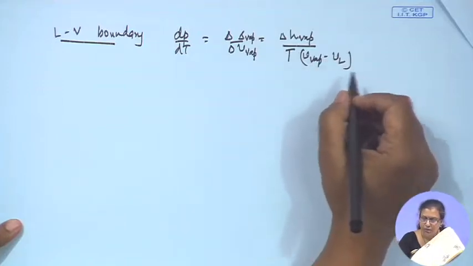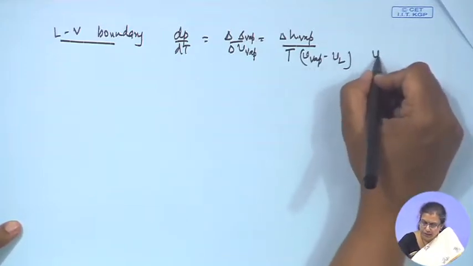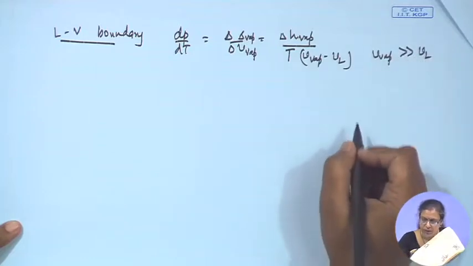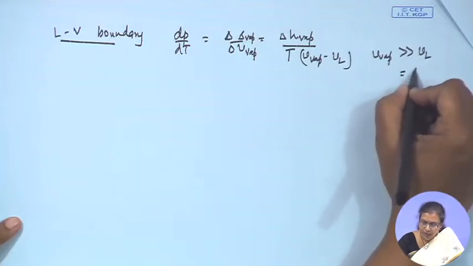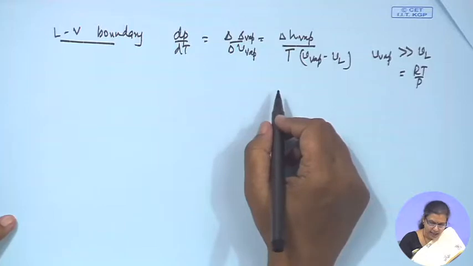Now, in this particular case, unlike the solid liquid transition, we know that usually V vapor is much greater as compared to V liquid, and we also know that for low to moderate pressures, the vapor obeys the ideal gas equation.